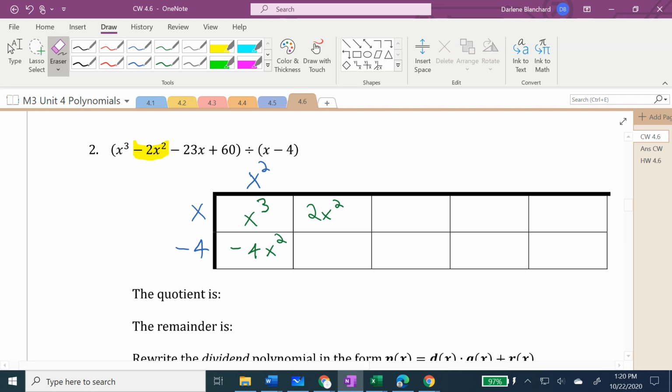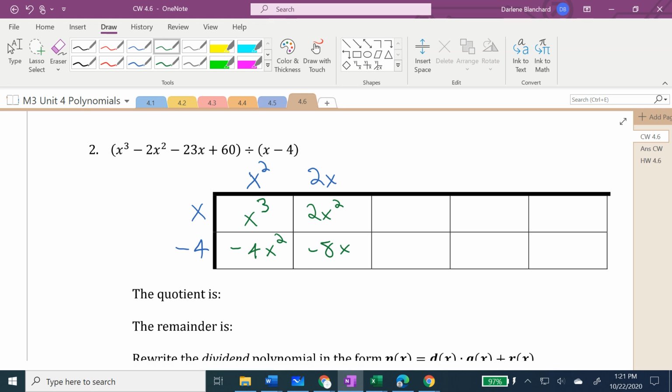Second round. For the second round, I am now trying to figure out what do I multiply x by to give me 2x squared, and that is 2x. Good. And since I figured out what that was, I am ready to multiply to get this square. So negative 4 times 2x is negative 8x.